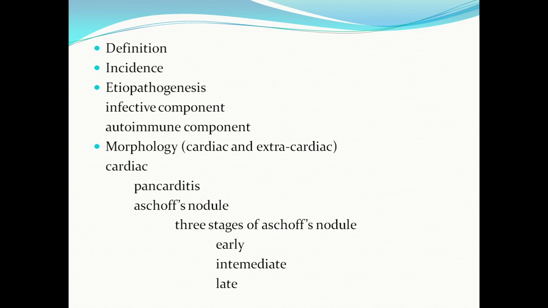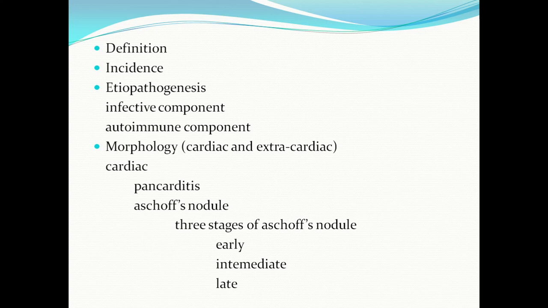Then morphology, which is cardiac and extracardiac. In the cardiac region, first is pancarditis. In pancarditis, the major lesion is Aschoff's nodule. This Aschoff nodule is again divided into three stages: early stage, intermediate stage, and late stage.